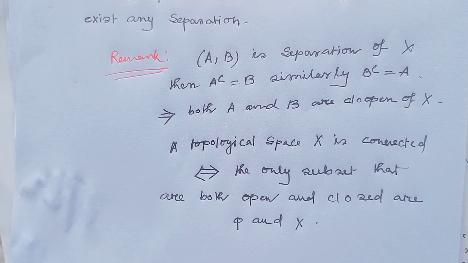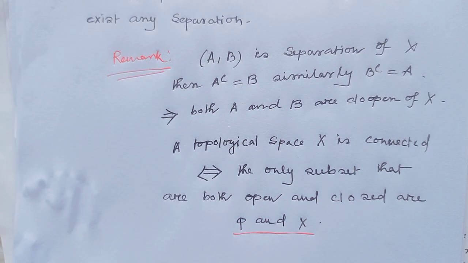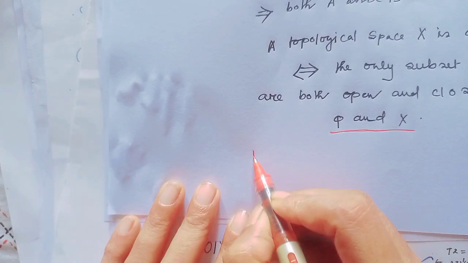In a connected space, the only subsets which are both open and closed are only phi and X. Okay, I will see some examples.